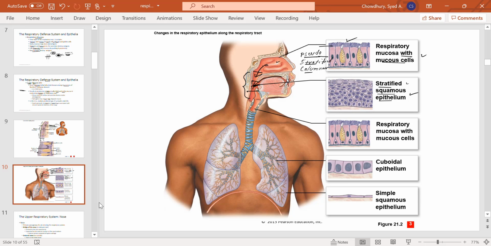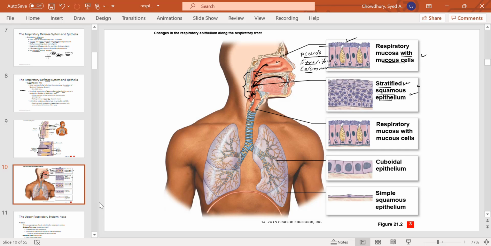The air passes through this middle portion, the oropharynx, as well as the food, right? So that's why it is stratified squamous. Also the last part, both air and food pass, right?